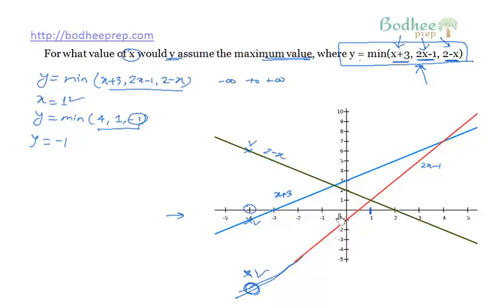You can see at any point, there will be two values at the intersection and a third value somewhere else, but since the minimum is this one, we take this as the solution.